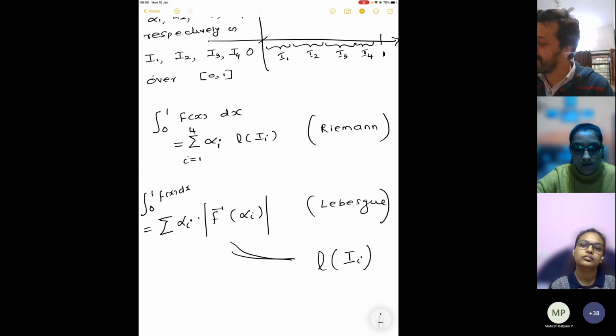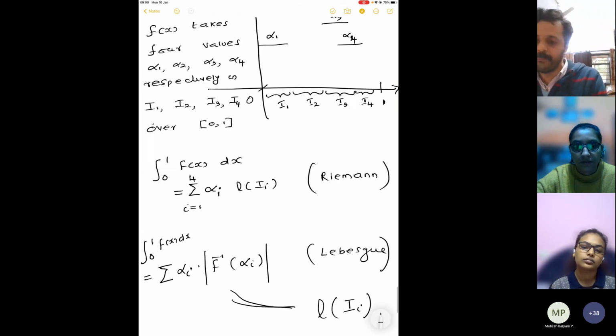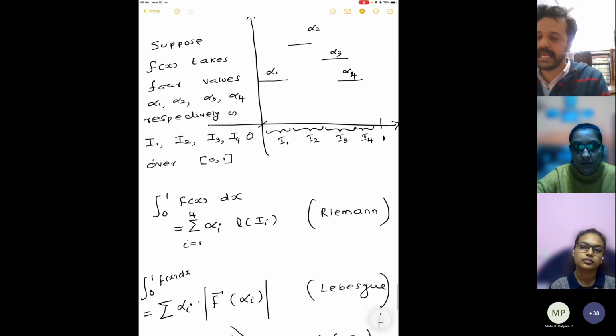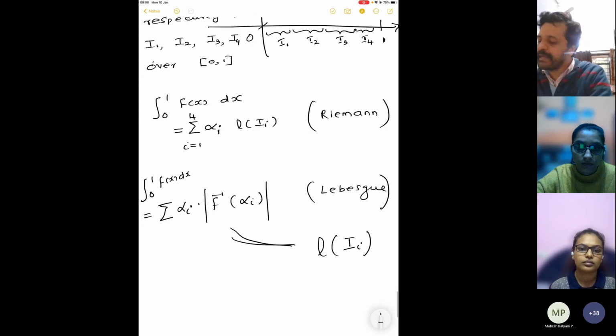But the inherent idea is, don't divide the domain, divide the range and consider all the different values of the function and multiply them with the size of the sets where that function assumes those values.